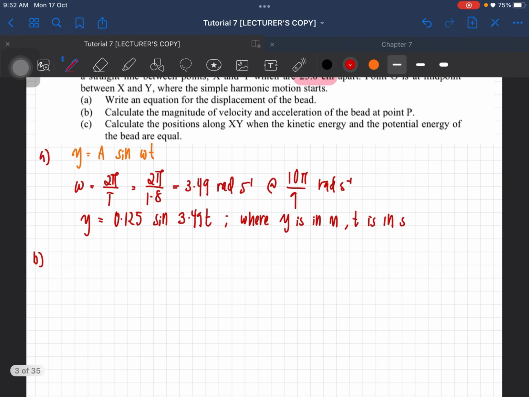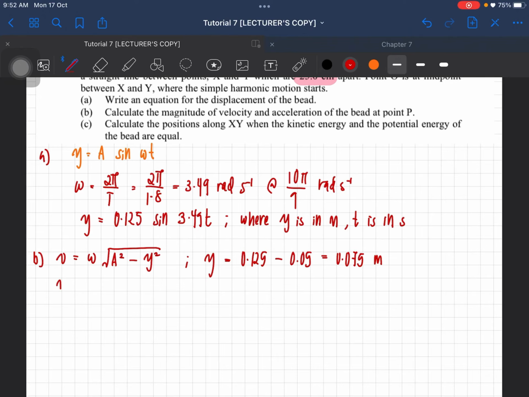Okay, so let's do the equation. We know that velocity is omega times the square root of A square minus y square. Y is equal to 0.125 minus 0.05, so that is equal to 0.075 meter.